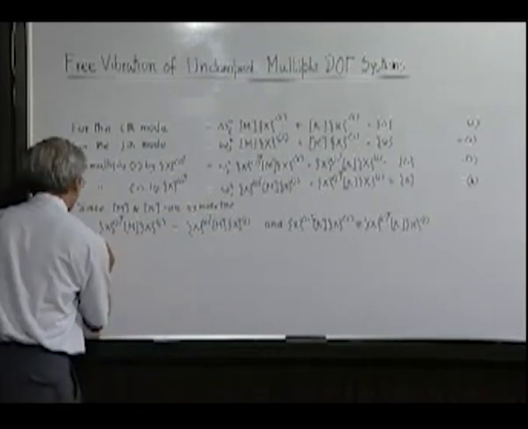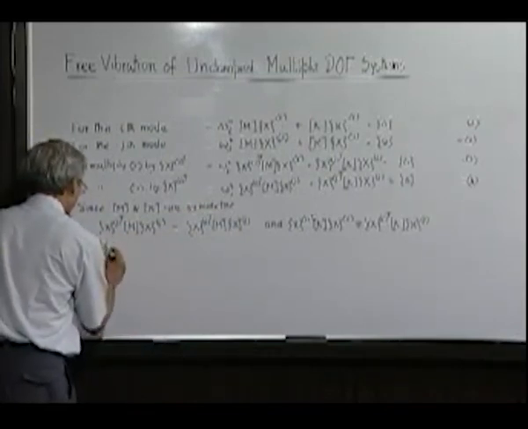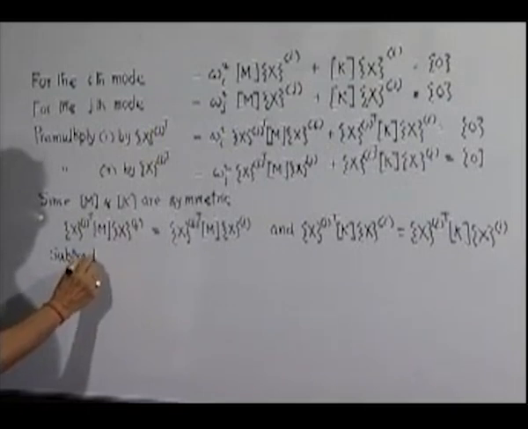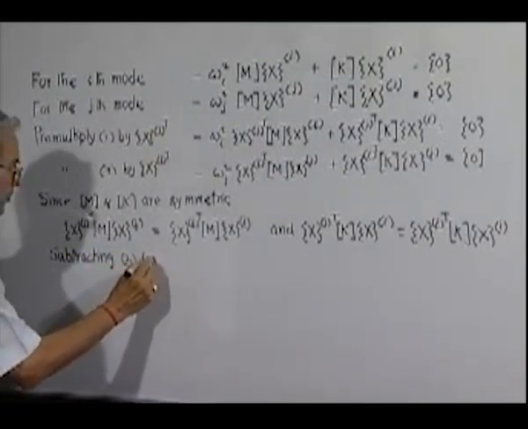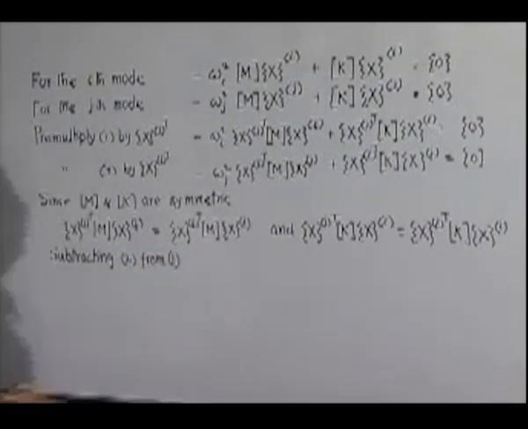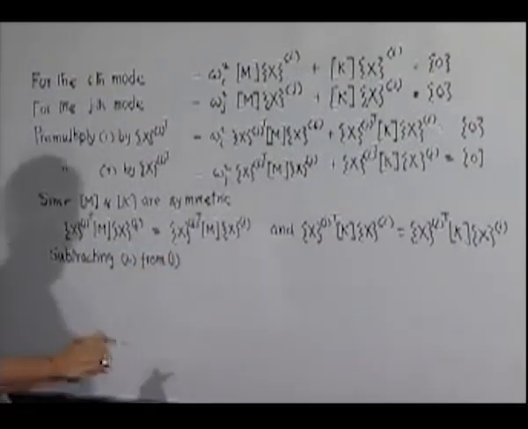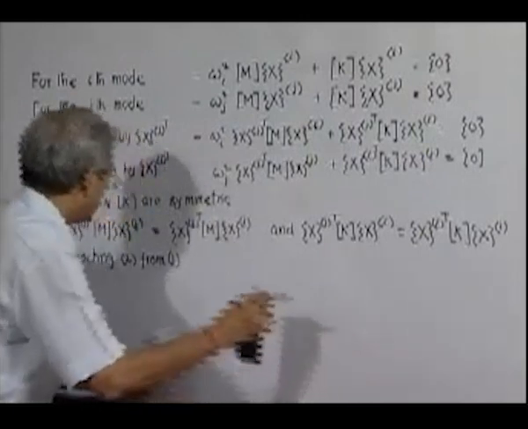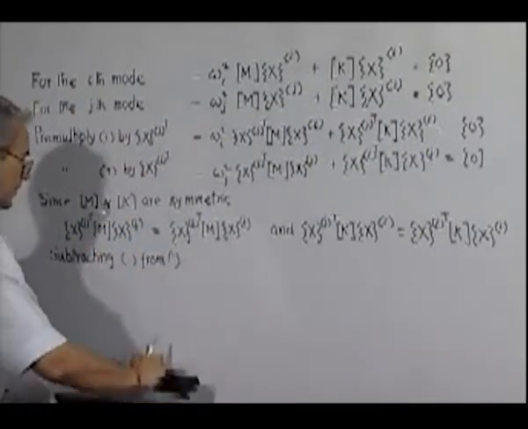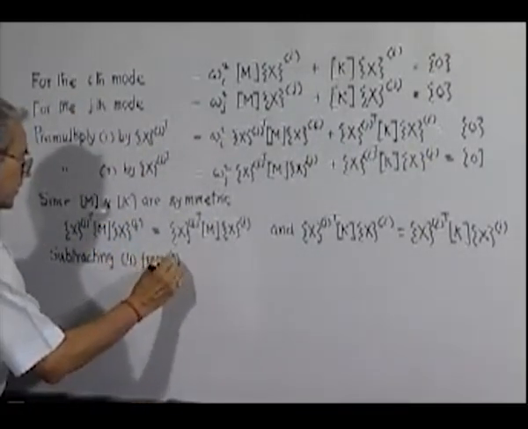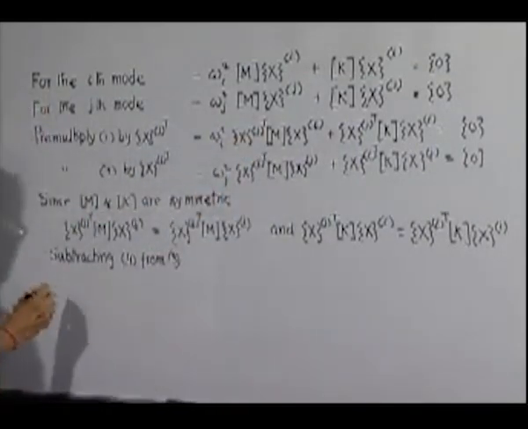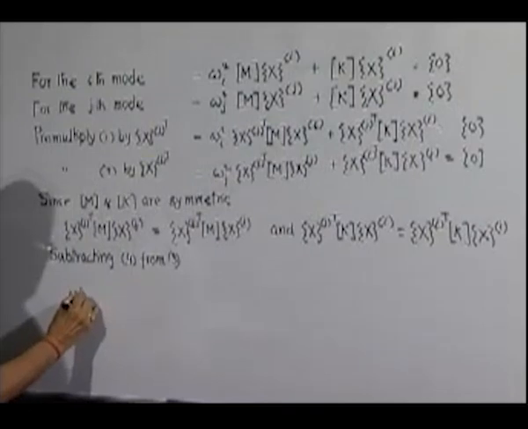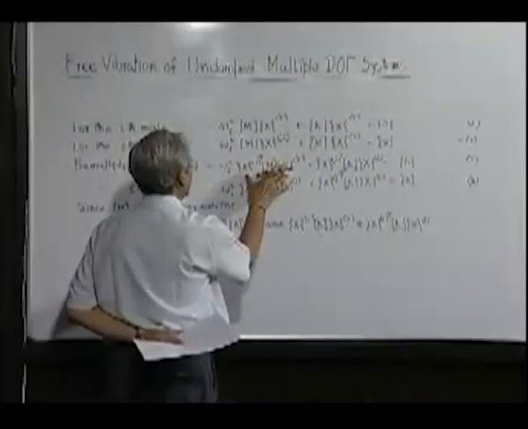So, now subtract equation 4 from 3. If you subtract this from this, what you will get? Omega j square minus omega i square, because this is equal to this.